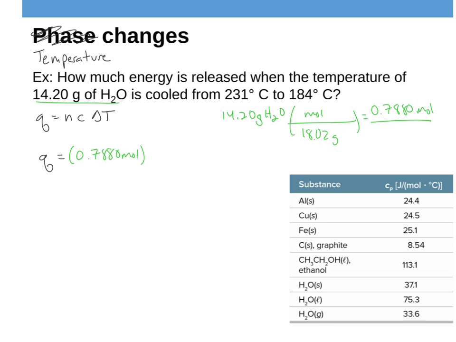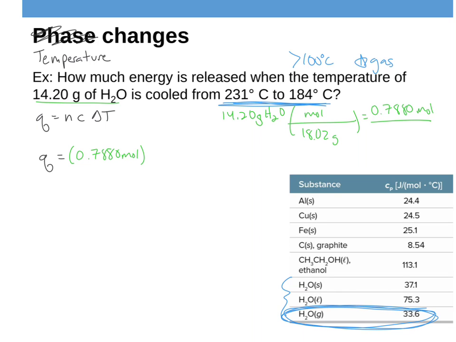Again, I need to pay attention to what phase I have with water. Am I solid, liquid, or gas? I need to look at these temperatures here. These temperatures are pretty hot. Remember that when you get over 100 degrees Celsius, you've boiled the water. So it must mean that we are in the gas phase, because we're over 100 degrees Celsius. So I'm going to use this bottom one now, because this is steam we're talking about.